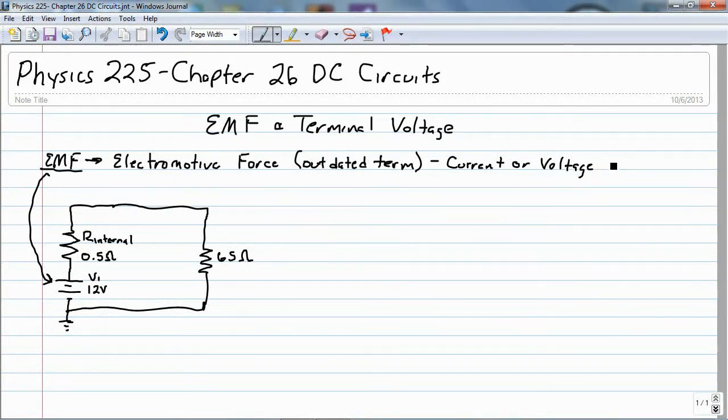Now in this chapter and in this course, we're only going to be talking about voltage sources. Current sources are a different type of supply of current, but we're not going to be discussing that so much. So we'll be talking about voltage sources in this chapter.